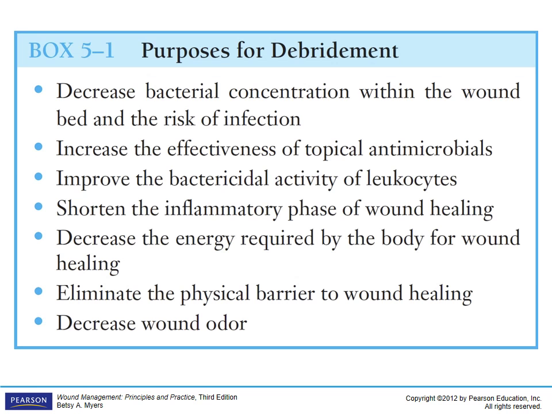So first of all, let's talk about the purposes of debridement. There are 7 definitive purposes for debridement. The first one is to decrease the bacterial concentration within the wound and the risk of infection. I said this a little bit earlier when we talked about a blister.